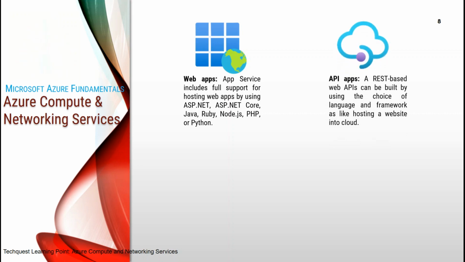REST-based web APIs can be built by using your choice of language and framework, just like hosting a website in the cloud. You get full Swagger support and the ability to package and publish your API in Azure Marketplace. The produced apps can be consumed from any HTTP or HTTPS based client.